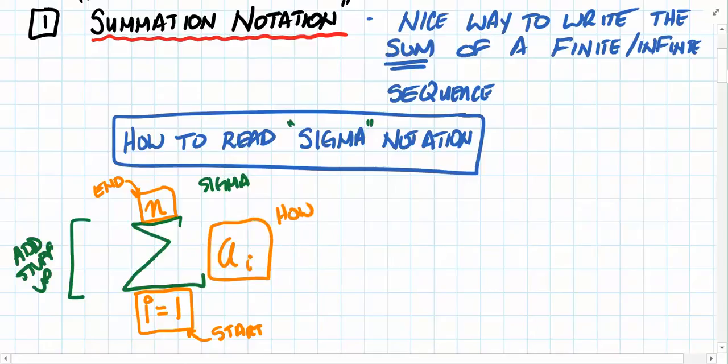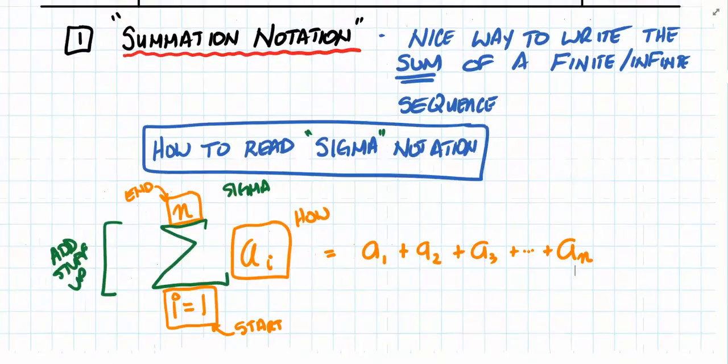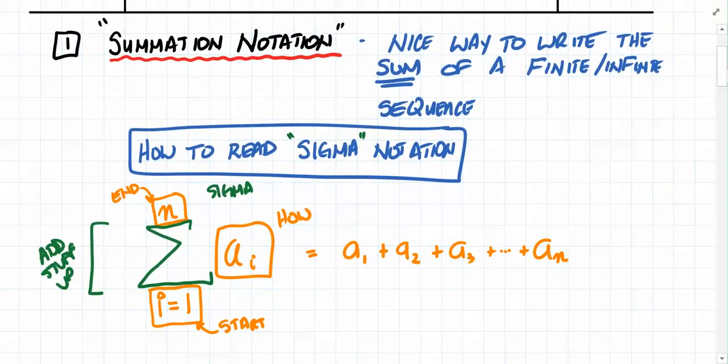What this means is I take the value of a sub 1 and add it to the value of a sub 2, and add it to the value of a sub 3, and keep going until I reach the value of a sub n, because it tells me where to stop. This is a very broad definition of what we're going to be doing for learning how to read summation notation. Let me give you an example and how we would read this together.